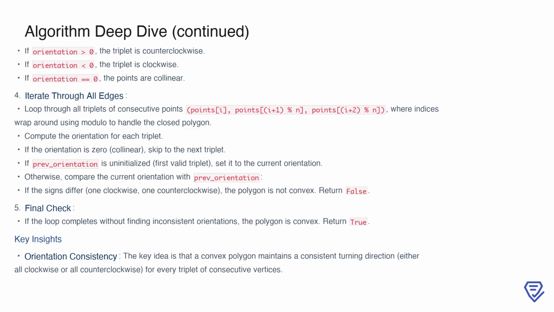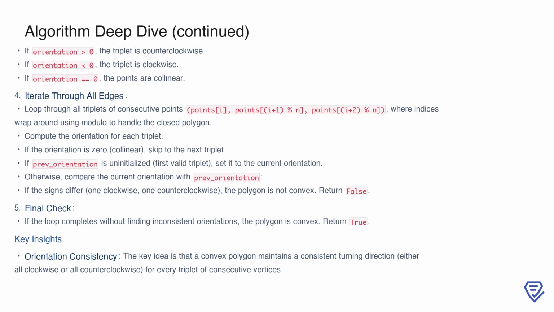Now, the algorithm iterates through all triplets of consecutive points, ensuring we treat the polygon as a closed loop by using modulo arithmetic to wrap indices. For each triplet, we compute the orientation. If the points are collinear, we skip them as they don't affect the convexity check. For the first valid triplet, we initialize prev_orientation to store its orientation.